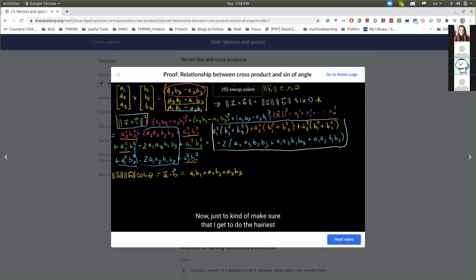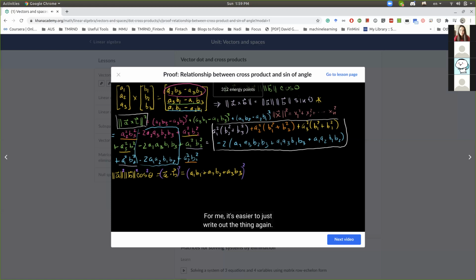Now, just to make sure that I get to do the hairiest problem possible, let's take the square of both sides. If we square this side, you get a squared b squared cosine squared theta. Then you get a dot b squared, or this whole thing squared.